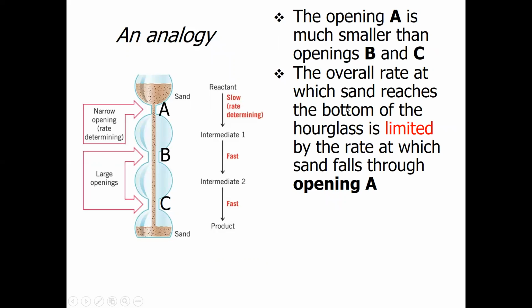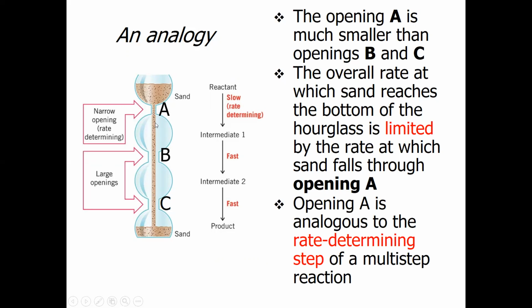Opening A is much smaller than opening B and C, and the overall rate at which sand reaches the bottom of the hourglass is limited by the rate at which the sand falls through opening A, and hence opening A is analogous to the rate determining step of a multi-step reaction.